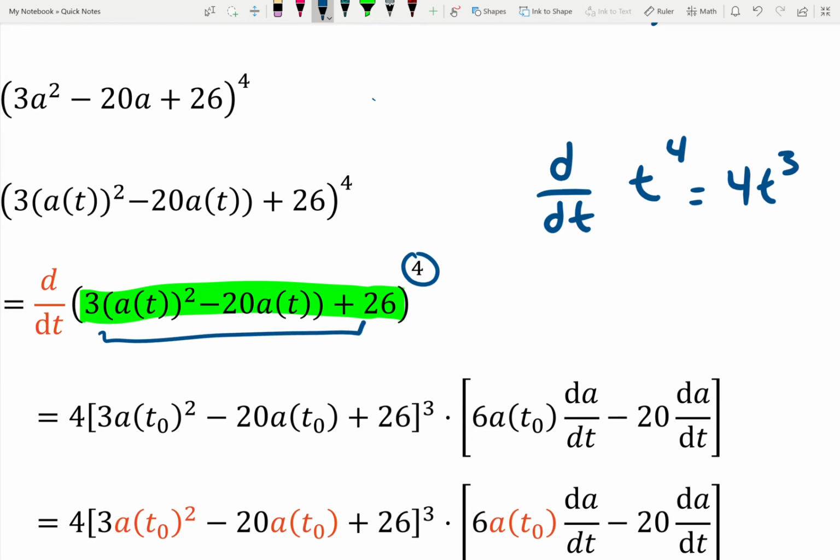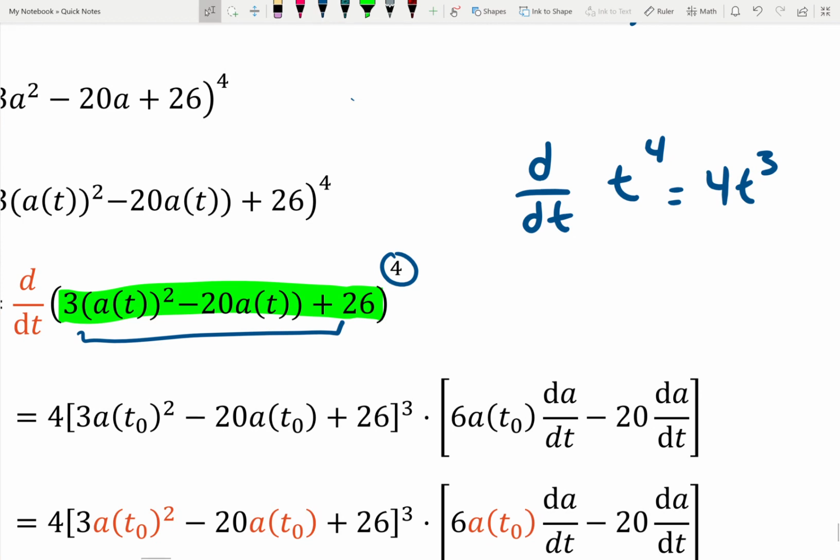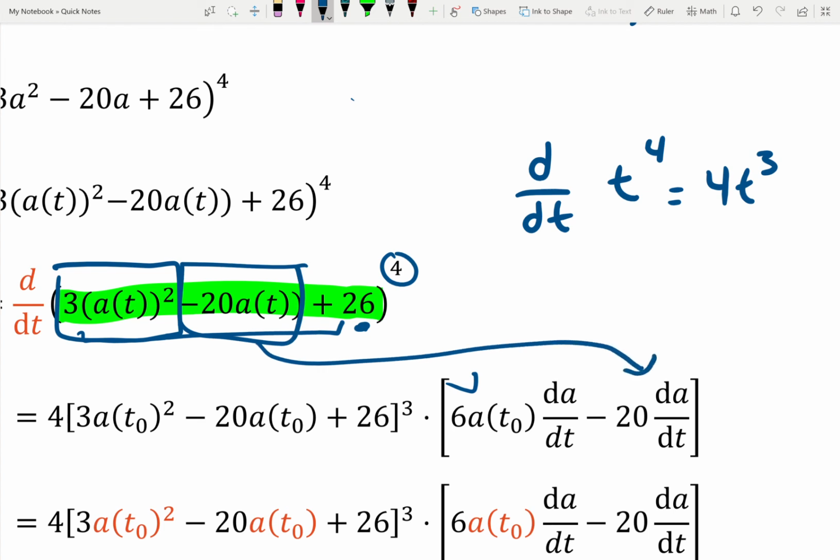As you take the derivative of that inside function, you're going to have to use some implicit differentiation, right? So the derivative of 3a of t squared is this guy, and this guy goes to 0, and the derivative of minus 20 a of t is just minus 20 dA/dt.